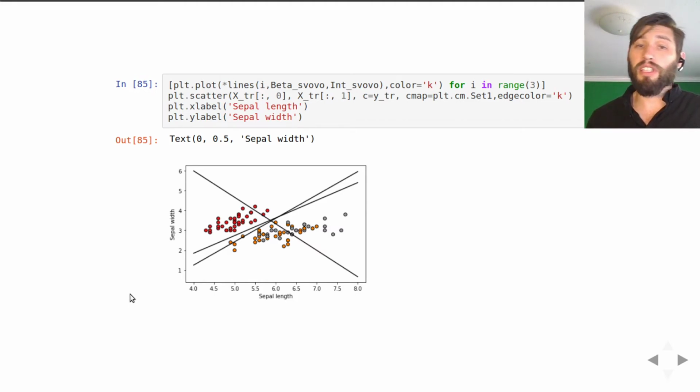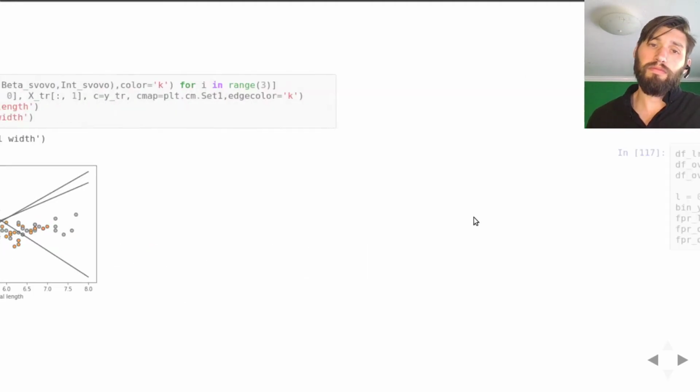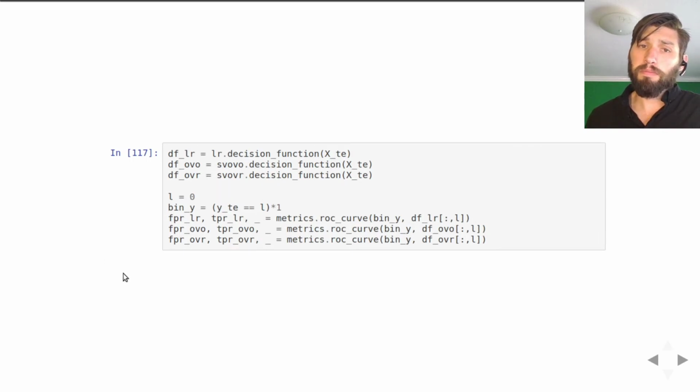This is a separating hyperplane for the comparison of the pairs. This hyperplane is clearly trying to separate the gray from the yellow. This one is trying to separate the red from the gray. And this one is trying to separate the red from the yellow.